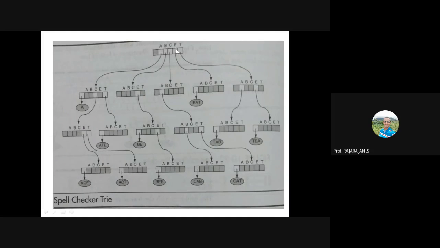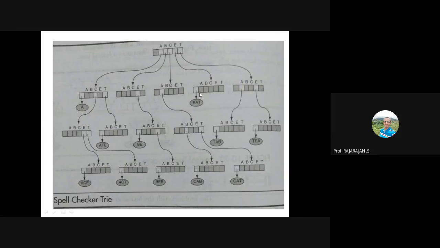You come to the first node, check whether E is null. It's not null, so you have a chance. So from E, you take to this node. Here you check whether A is null or not null, and that is also not null. So we have got the combination of EA.